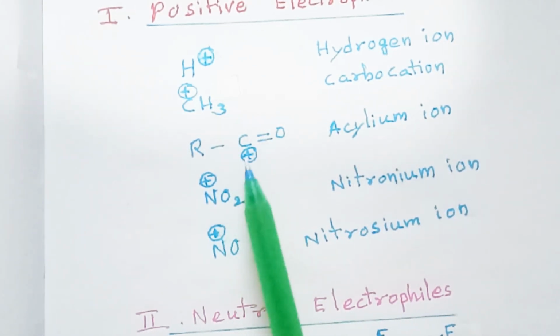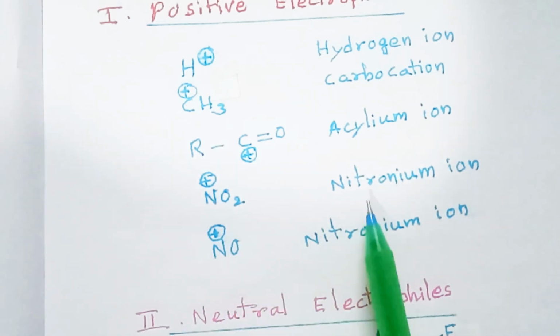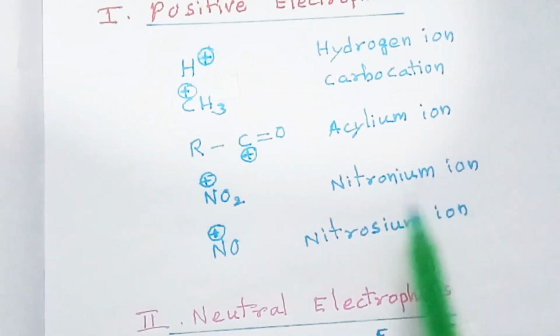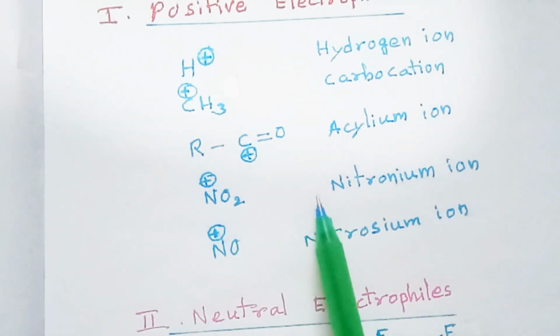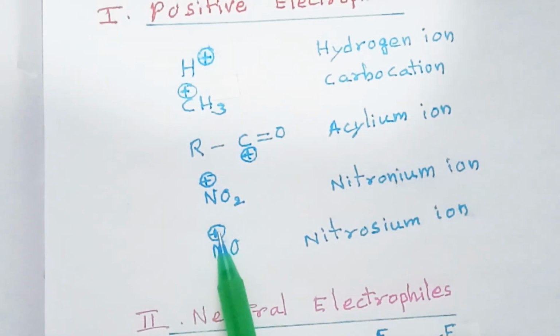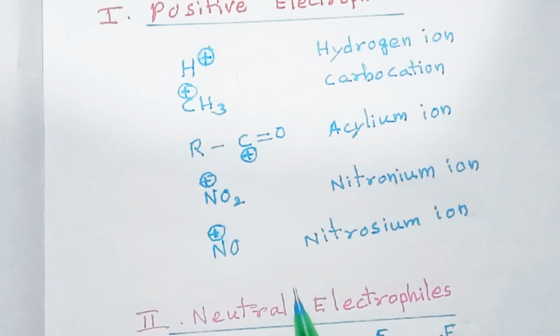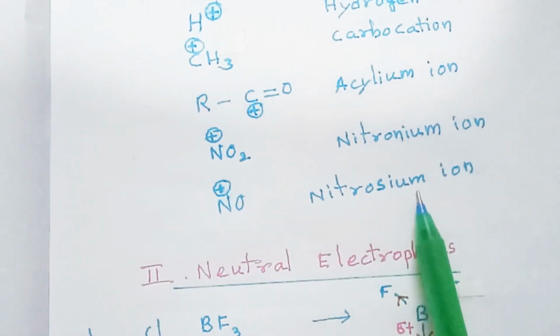It needs 2 more electrons, so it is also an electrophile. Similarly, the nitronium ion is also in need of 2 electrons, so this is also an electrophile. And the nitrosonium ion, NO+ with the charge on the nitrogen atom, is also in need of 2 more electrons to complete its octet. So this is also an electrophile.